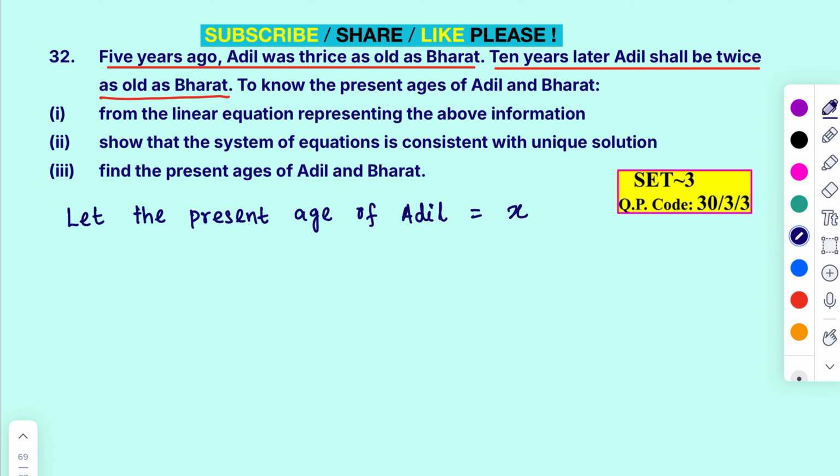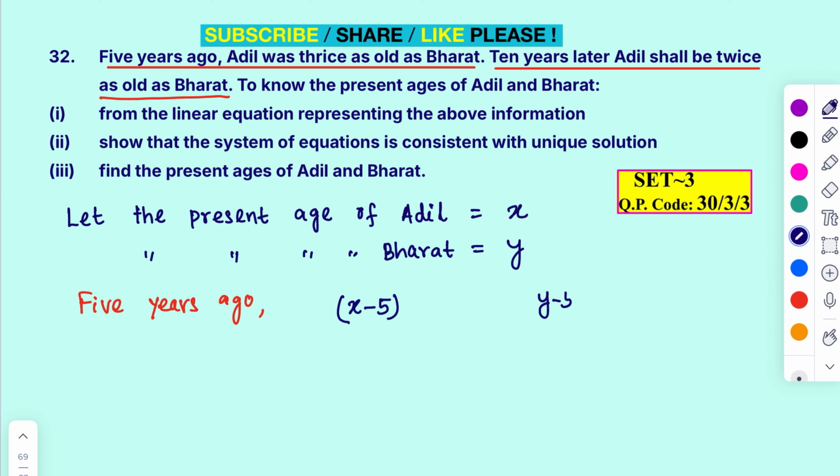First one is 5 years ago, Adil was thrice as old as Bharat. So 5 years ago, Adil's age was x minus 5, and the age of Bharat was y minus 5.